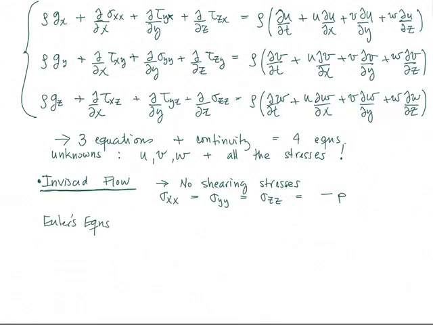For example, in the x direction, we would write rho gx minus, so the term here that involves sigma xx turns into, instead of ddx of sigma xx, minus ddx of p, dp dx, because we have substituted the normal stresses by the pressure.